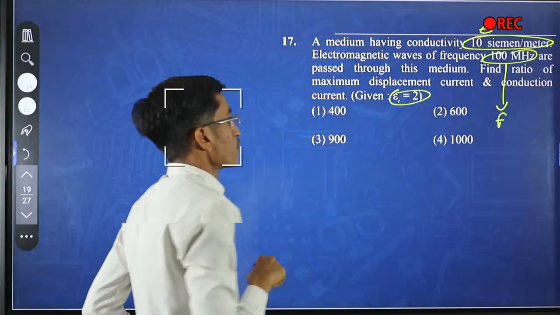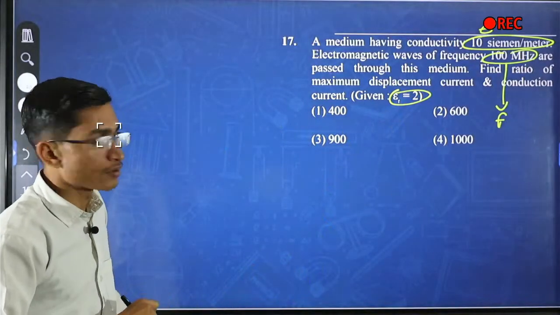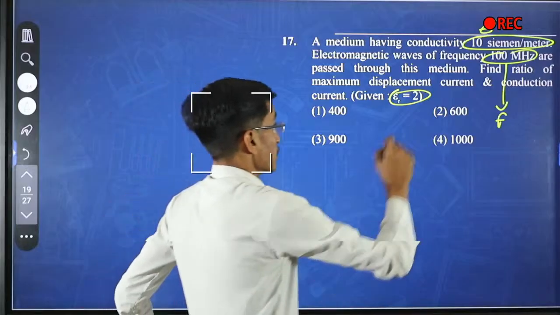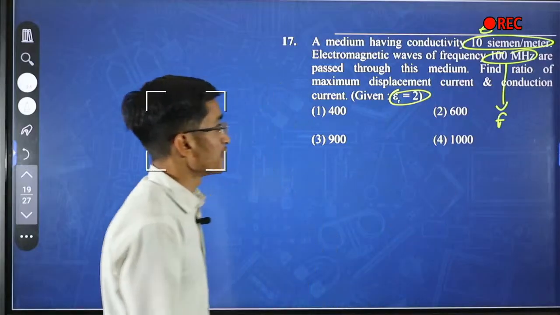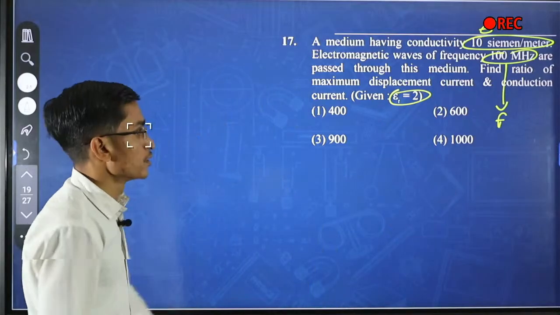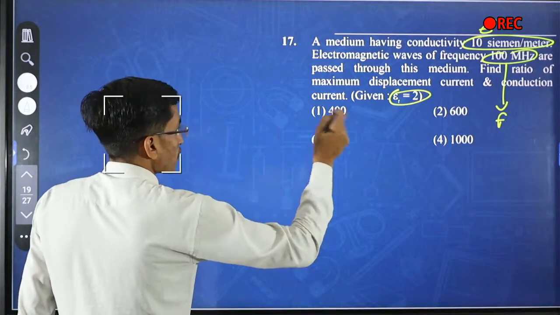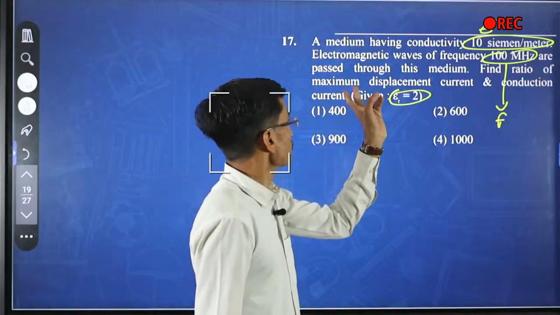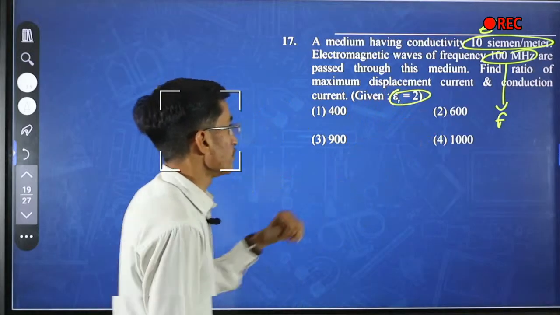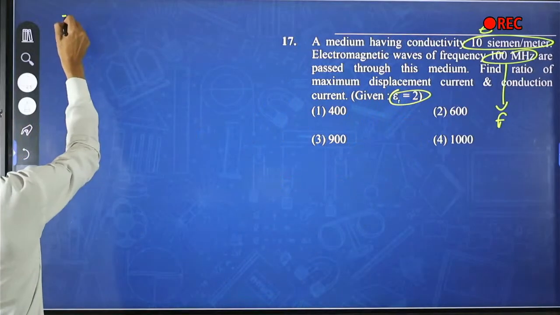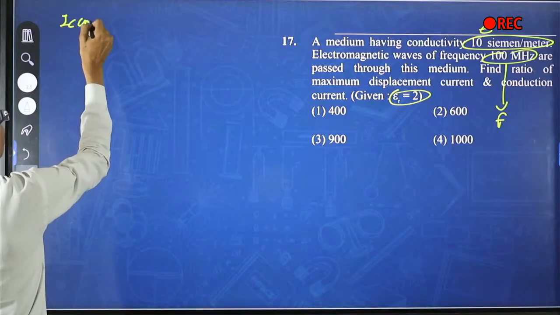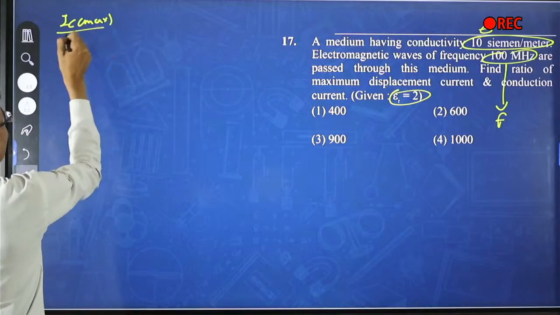This is the dielectric constant or relative permittivity of the medium. We have to find the ratio of maximum displacement current and conduction current. But here there are some changes in the question. Here it asked about ID by IC, but we will find IC by ID. So IC max divided by ID max.